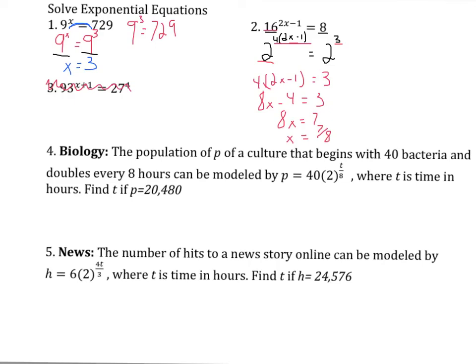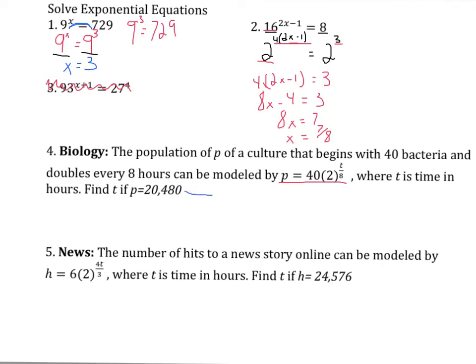The population P of a culture that begins with 40 bacteria and doubles every 8 hours can be modeled by P equals 40 times 2 to the T divided by 8, where T is time in hours. So they want us to find T if P equals 20,480.